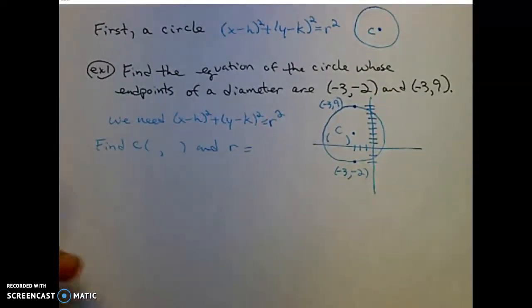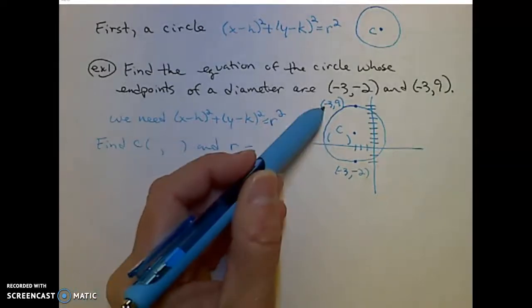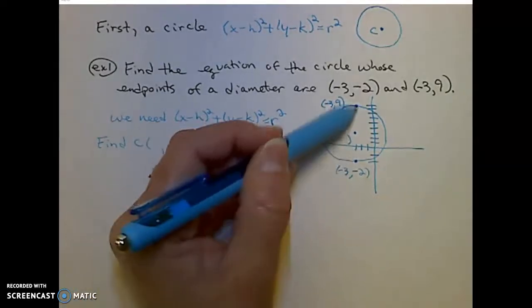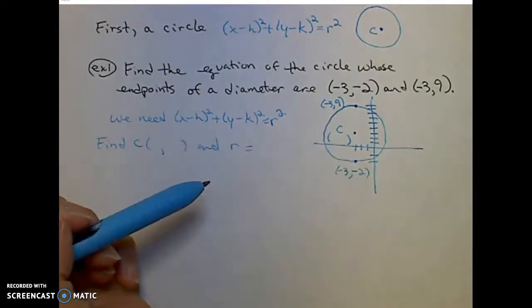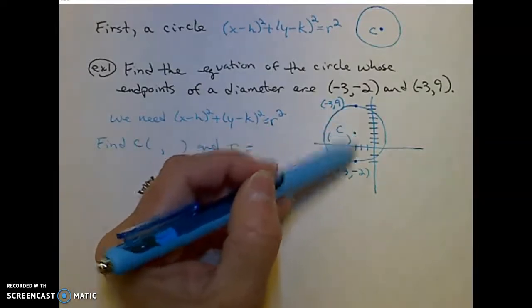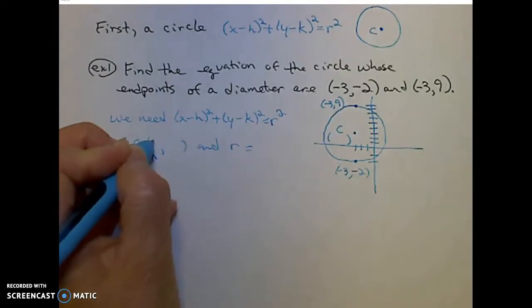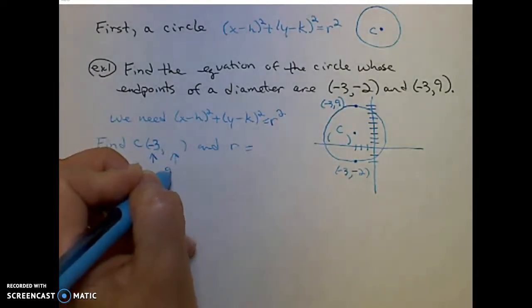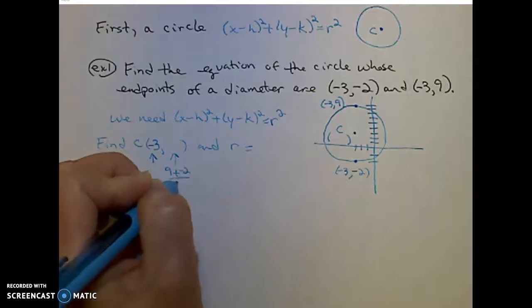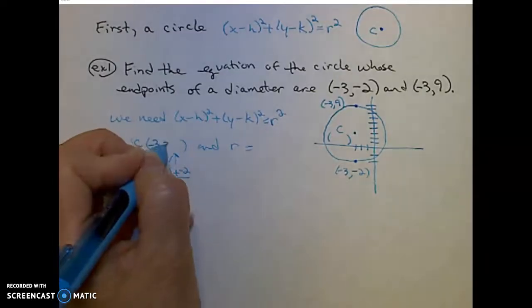I always suggest sketching the circle, because you notice that (-3, -2) and (-3, 9) are on a vertical line, so it's easier to find the center and the radius. The center is always the midpoint between those two endpoints. The x-coordinate will just be -3 because it's vertical, and for the y-coordinate I can average 9 plus -2 divided by 2, which is 7 over 2, which is 3.5.